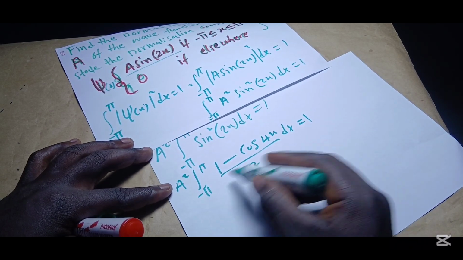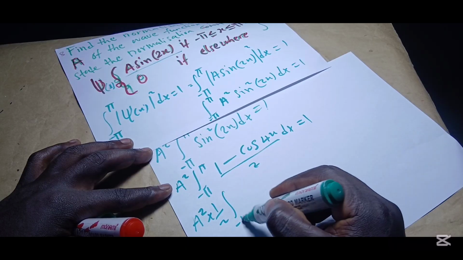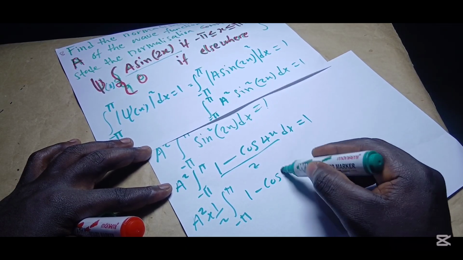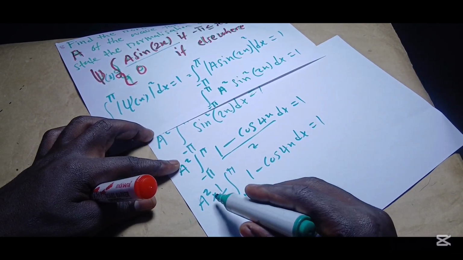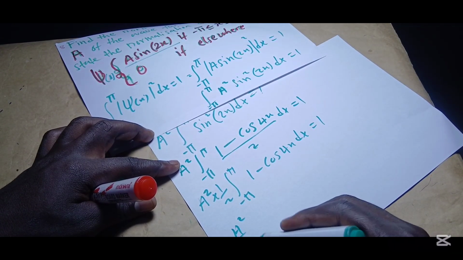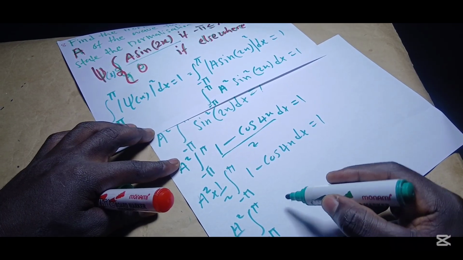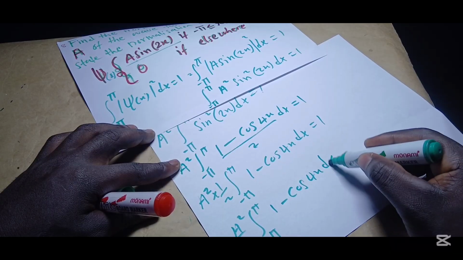So we can just factor half out. So a to the power 2 multiplied by half, integral from negative pi to positive pi of 1 minus cos 4x dx equal 1. So this one becomes a squared over 2 integral from negative pi to positive pi of 1 minus cos 4x dx equal 1.